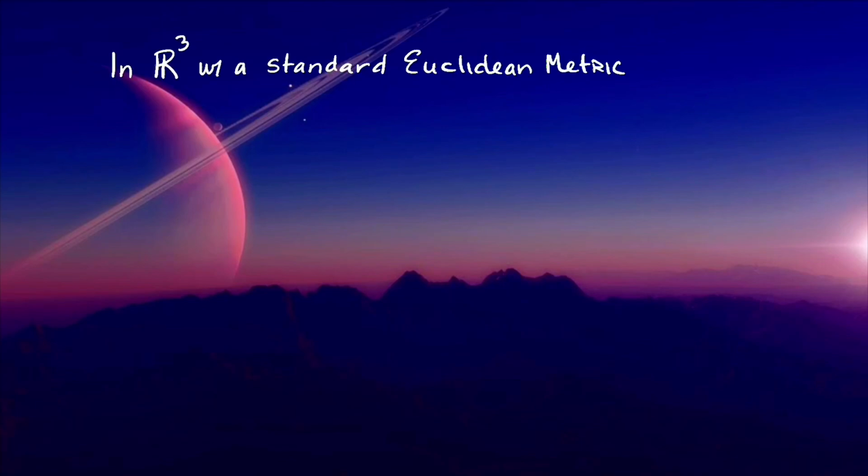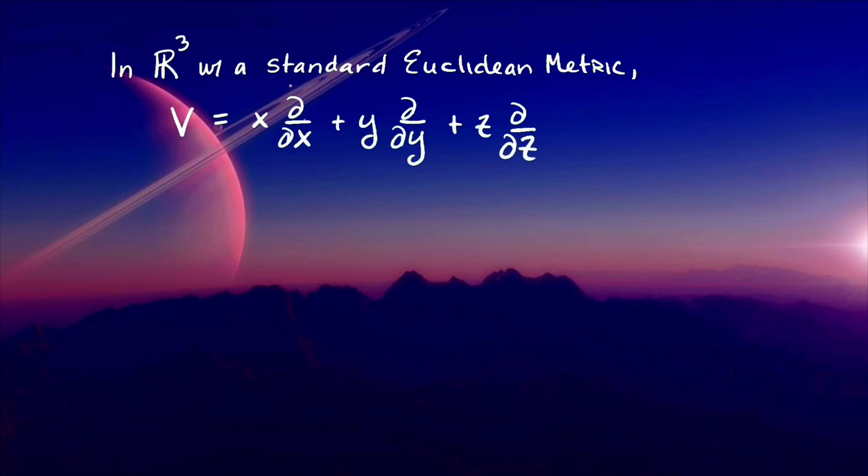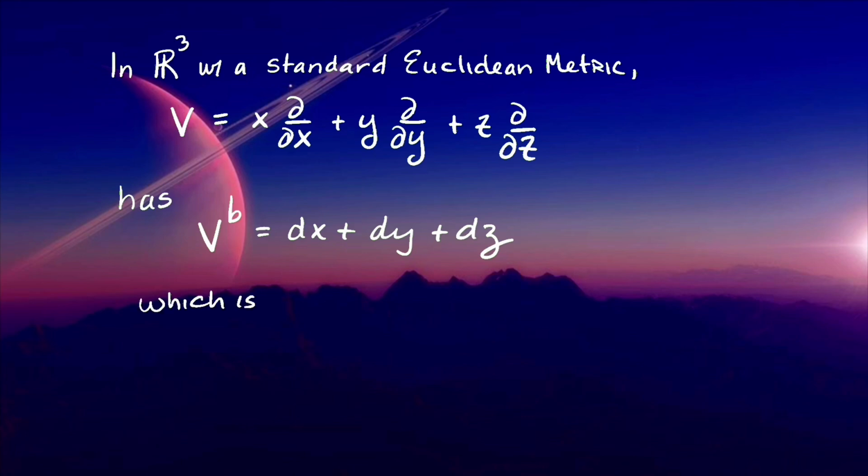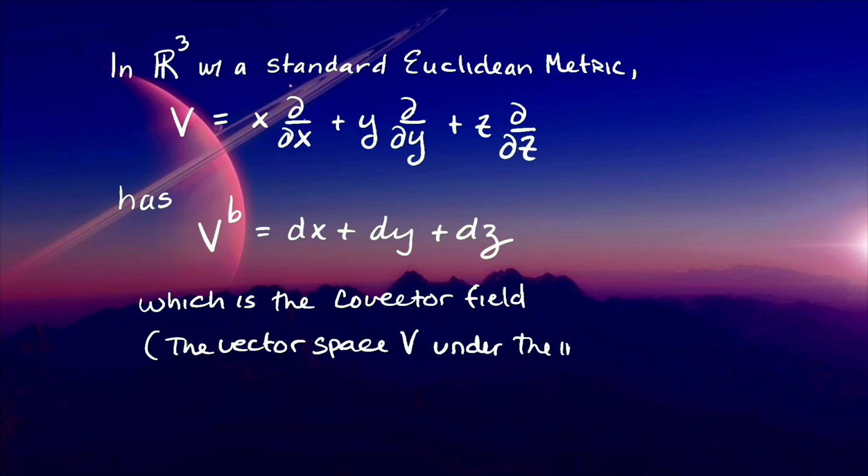In R3, with a standard Euclidean metric, a vector can be expressed in the following way, with partial derivatives as the basis. V flat will have the differential basis given here, which is a covector field.